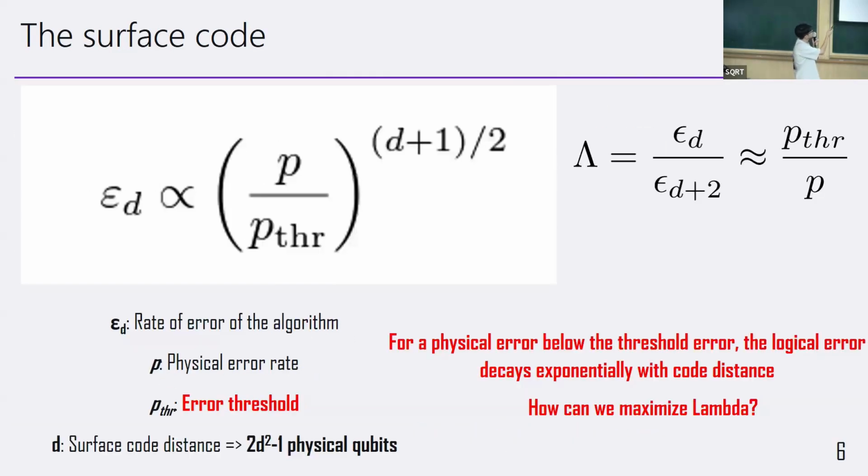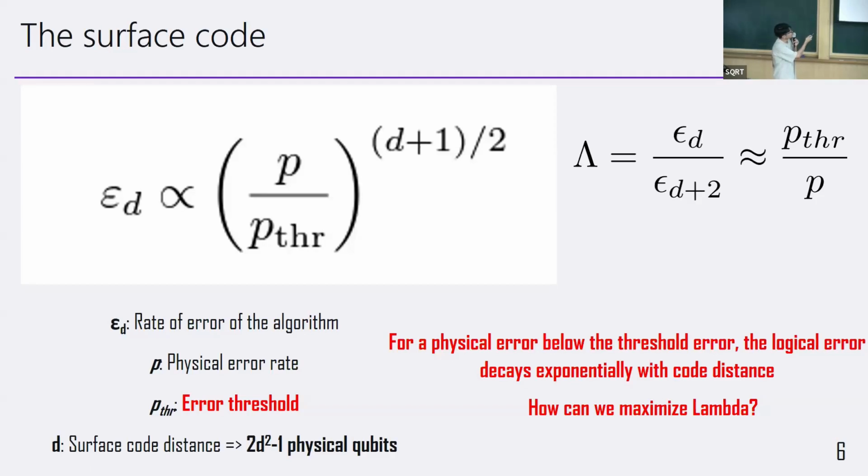Now, how are the physical error and the logical error related? This entire expression is the one thing you shouldn't forget, if you had to forget everything else. This is basically the relation between the rate of error of the algorithm, the logical error rate, and the physical error rate for the surface code.